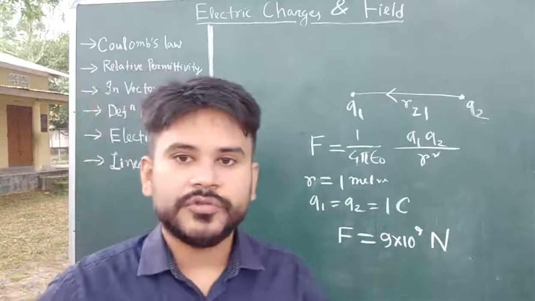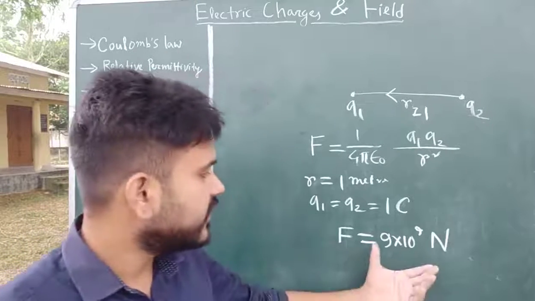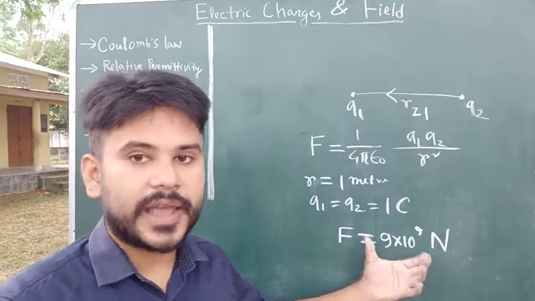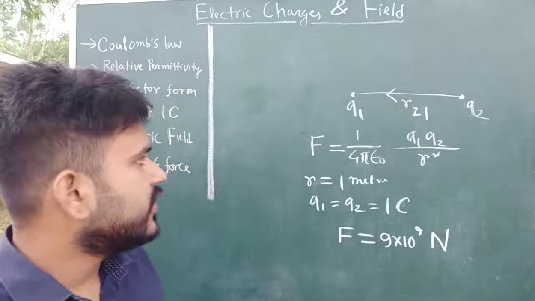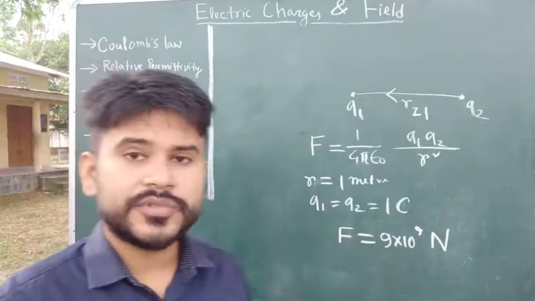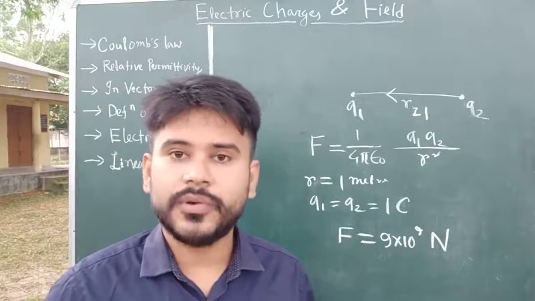So that charge will be 1 coulomb. You can see 9 into 10 to the power 9 Newton is a very huge force. So in return, 1 coulomb charge is a very large amount of charge.